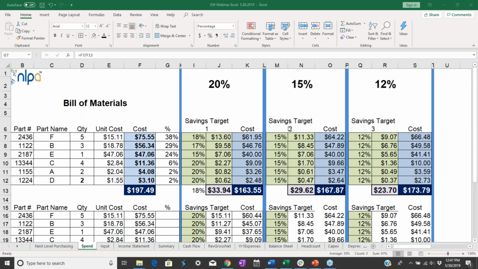So the same way we built this bill of materials model, and then we linked it to the financial statements to analyze and to look for cause and effect impacts. The same way we could do it with the loss of sales scenarios.